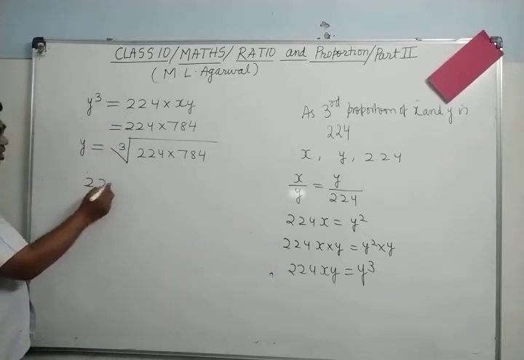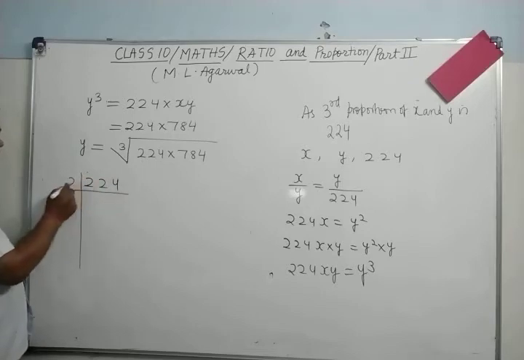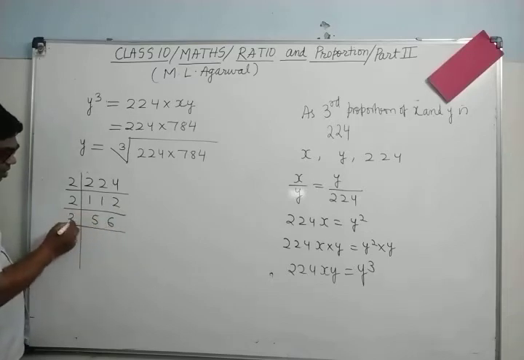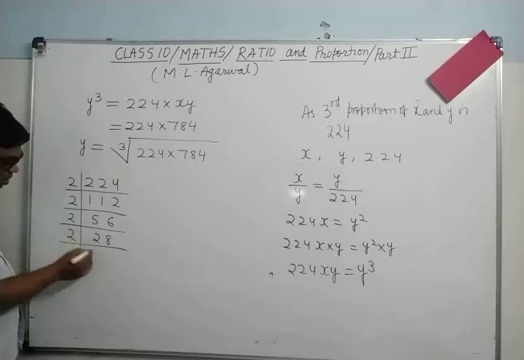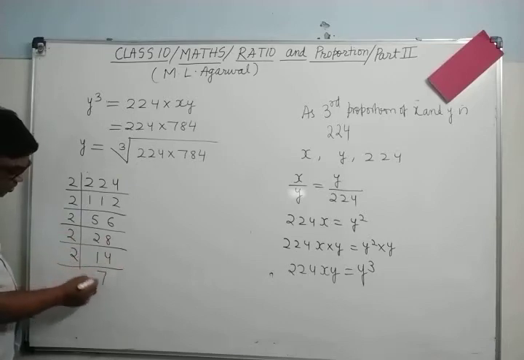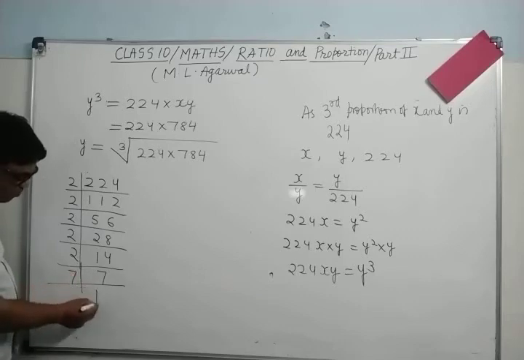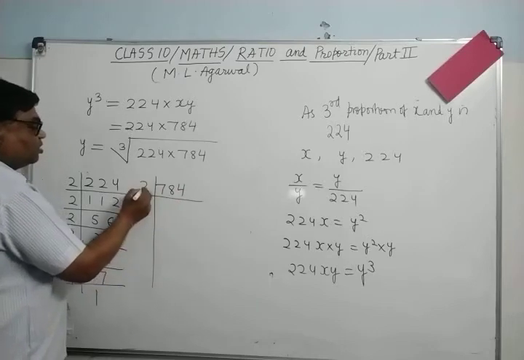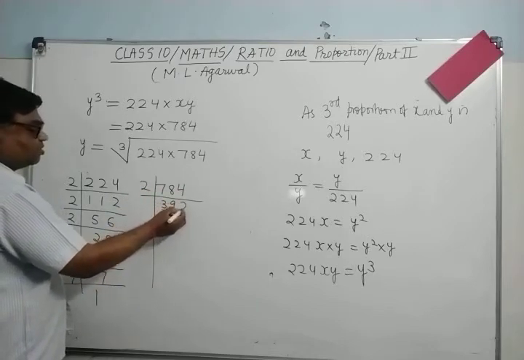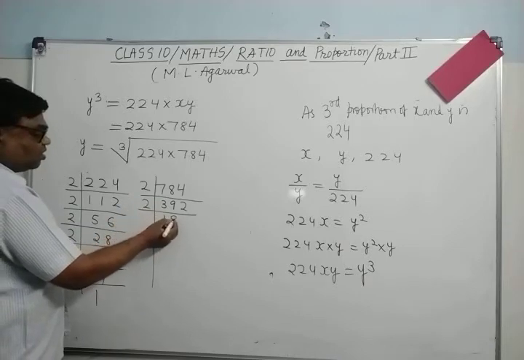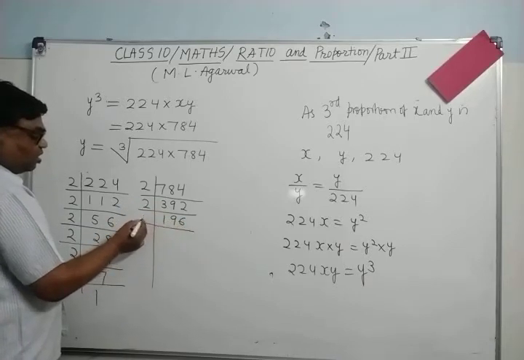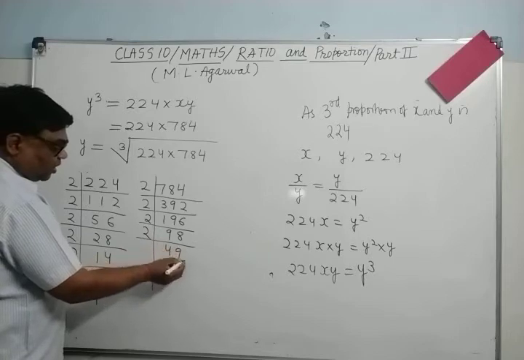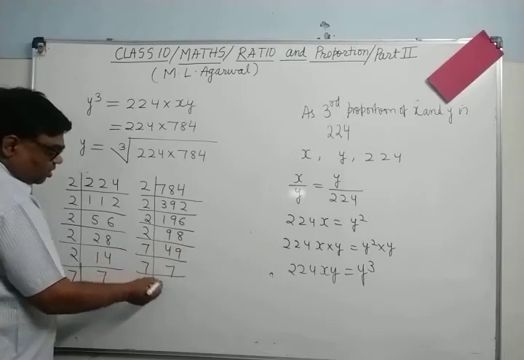So here you can see 224, 112, 56, 28, 14, 7, 1. Here 784, then here 49, and then 7, 1.